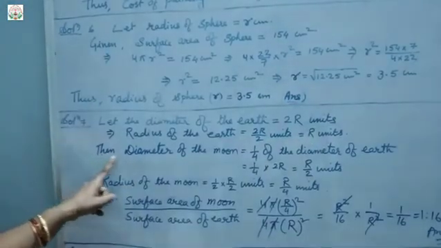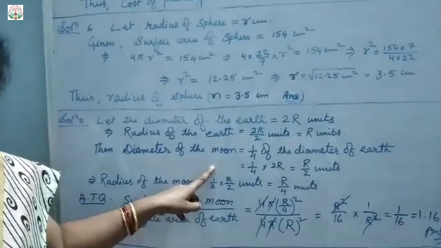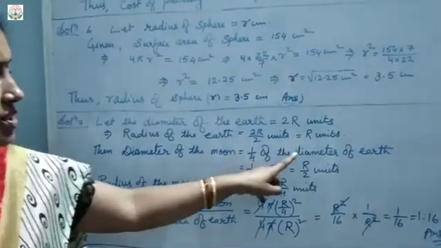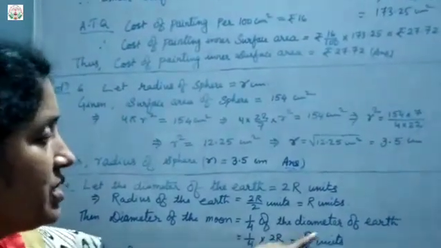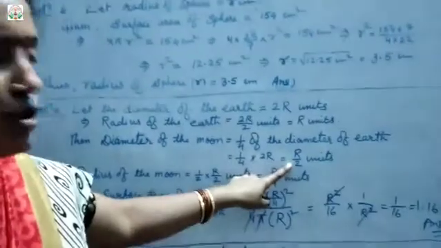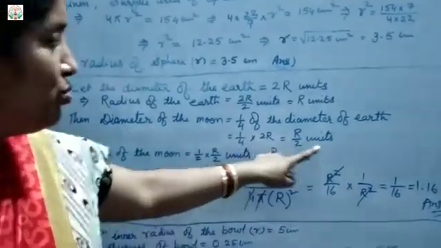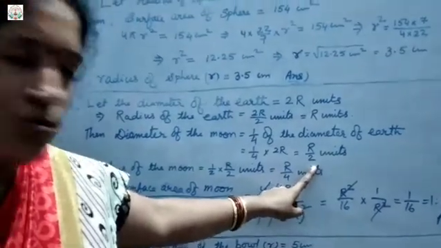Now same way, diameter of the moon is 1/4 of the earth. So 1/4 of 2r, because 2r is the diameter of the earth. On simplification, what will we get? R upon 2 units. That means the diameter of the moon is R upon 2 units.